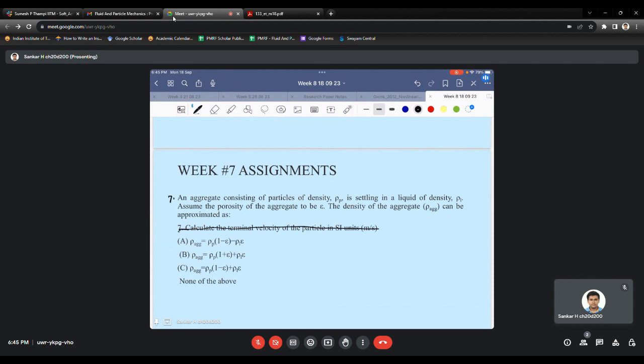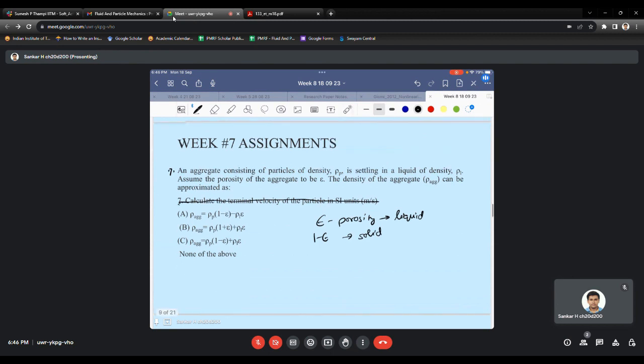So we know that epsilon is the porosity here, and the volume that is there in the porosity will be occupied by the liquid, and 1 minus epsilon will be occupied by the solid.